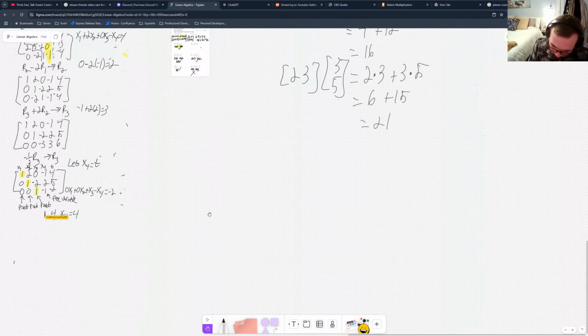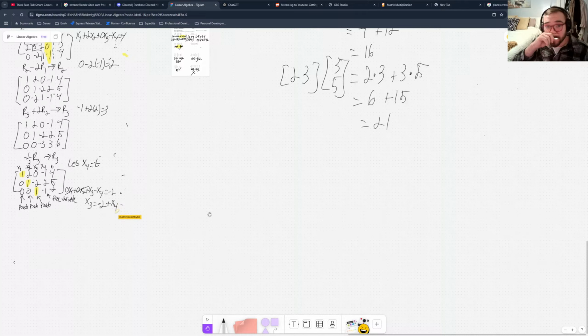So I'm going to get rid of this because I made it up and I don't want to get confused. Okay. So this is 0 and this is 0, right? So really it's just x3 equals negative 2 plus x4.